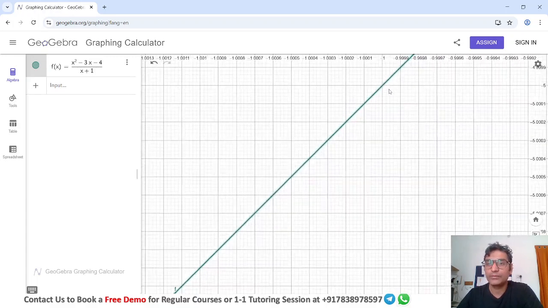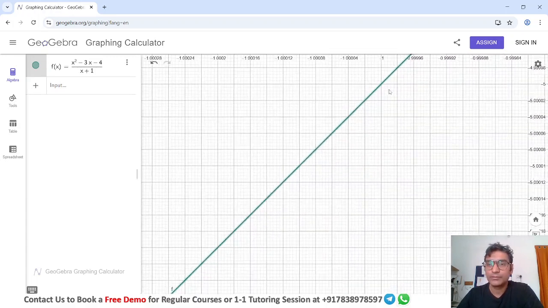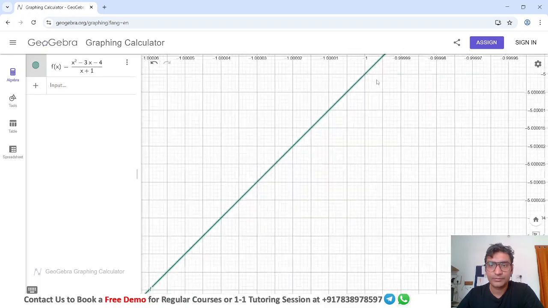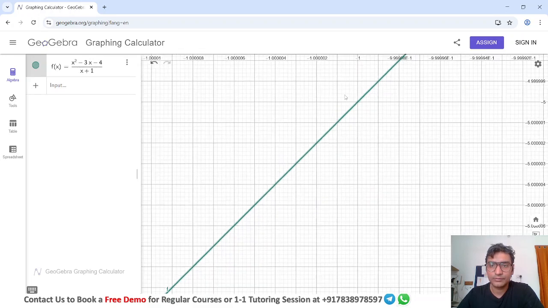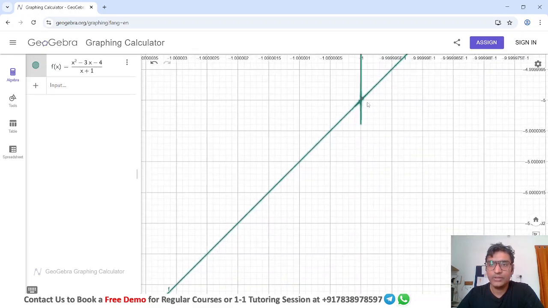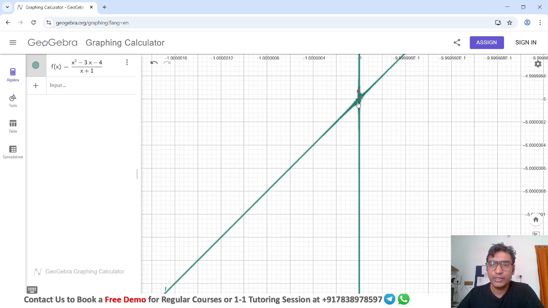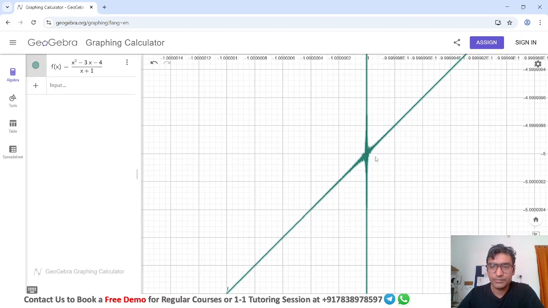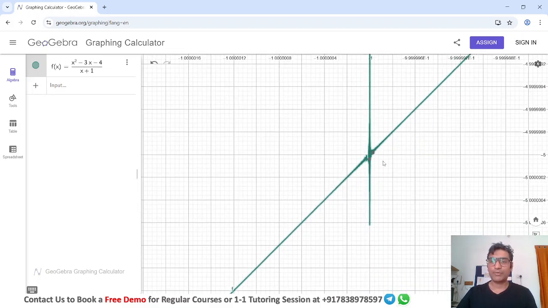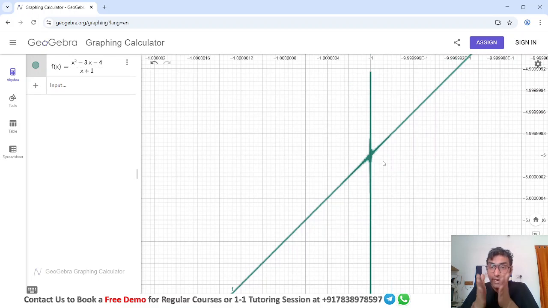If I keep doing it, now here you can see it is showing this type of nature. What can you say? At x equals minus 1, is it taking one value or various values, or what's the problem? Actually, at this point, there is a gap.